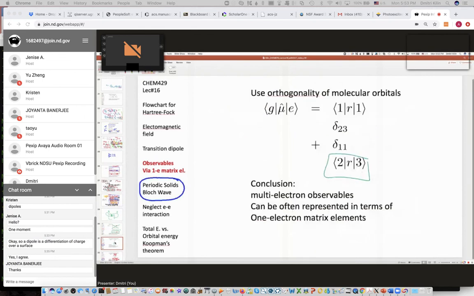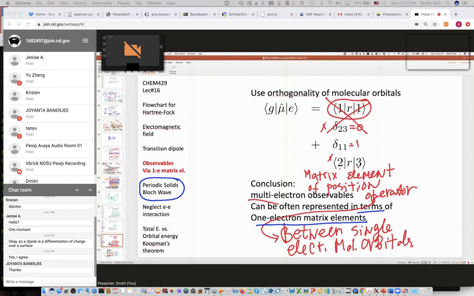So when we use this orthogonality, when we are considering optical transitions, we can compute the intensity, the probability of photo-induced transition from ground to excited state, by evaluating one electron matrix elements.